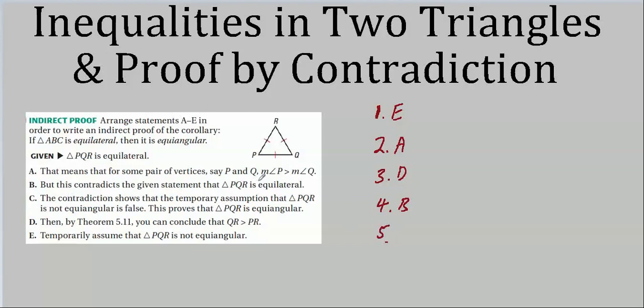this contradicts the given statement, so the contradiction shows that the temporary assumption, if you want to call it that, the assumption, which we're going to toss out because we're going to prove that it's a bad assumption. No, the assumption is false. Is not equiangular, must be false.